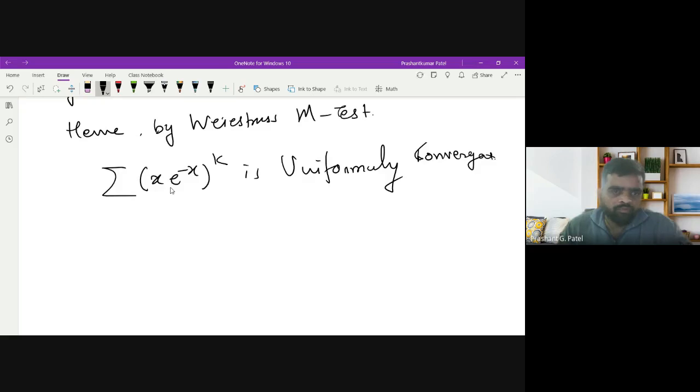There is one more test, but we will not discuss an example or the proof of this test. Whenever this Weierstrass test fails, that means you cannot find a constant sequence which bounds the sequence of functions, then you can apply the Dedekind test.